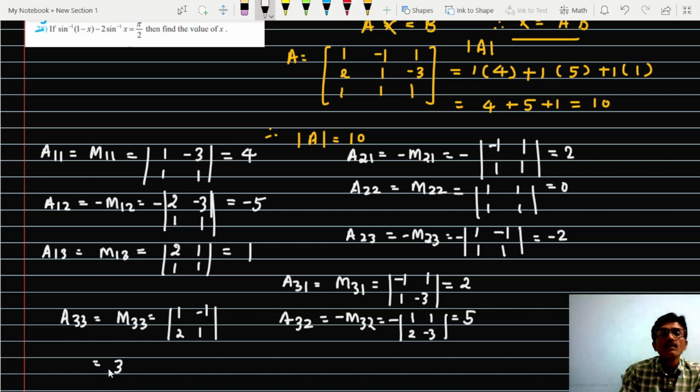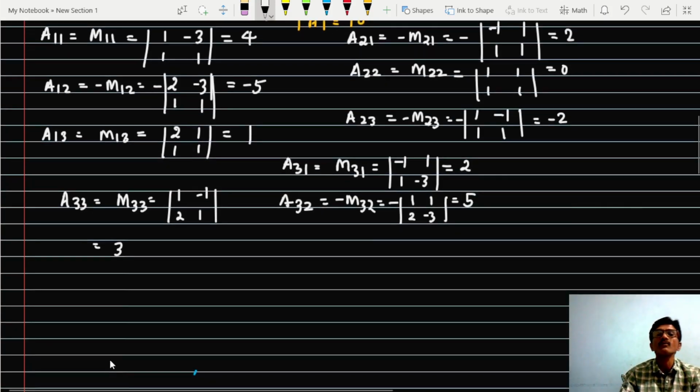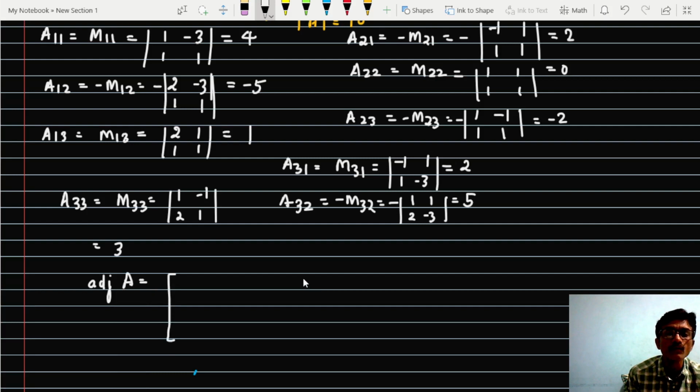Now all cofactors we are getting, therefore we write here adjoint of a matrix. So what is the adjoint of the matrix here? Adjoint of the matrix is equal to transpose of the matrix of cofactors.